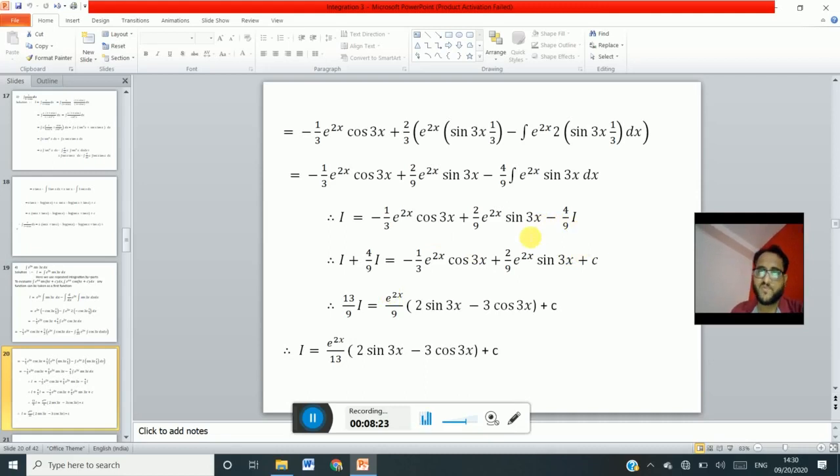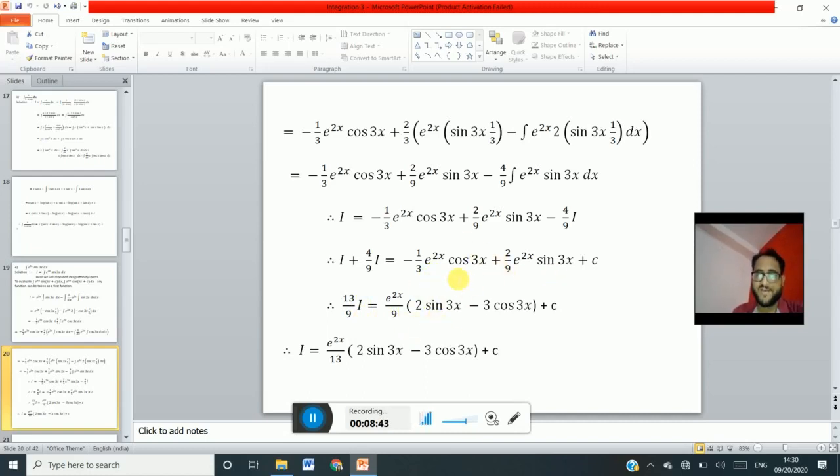So minus 4 by 9 goes to the left side: I plus 4 by 9 of I equals minus 1 by 3 e to the power 2x cos 3x plus 2 by 9 e to the power 2x sin 3x plus c, right. So I plus 4 by 9 of I, that is 13 by 9 of I, equals e to the power 2x by 9 taken common.